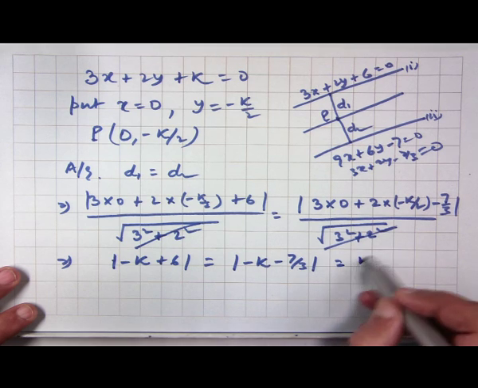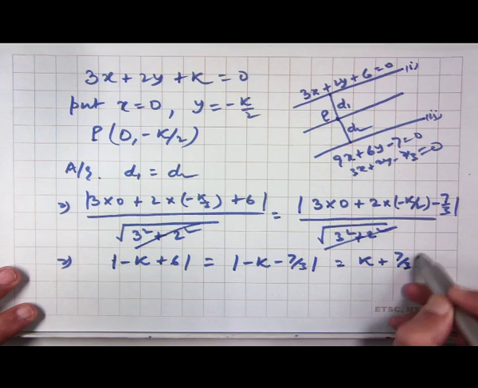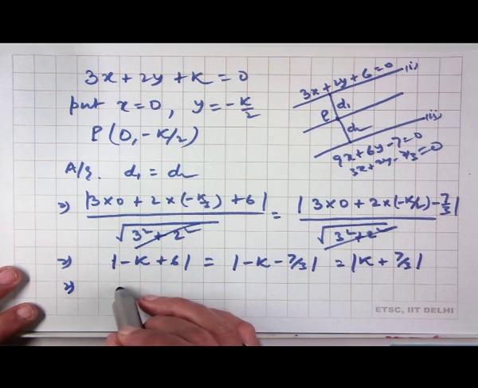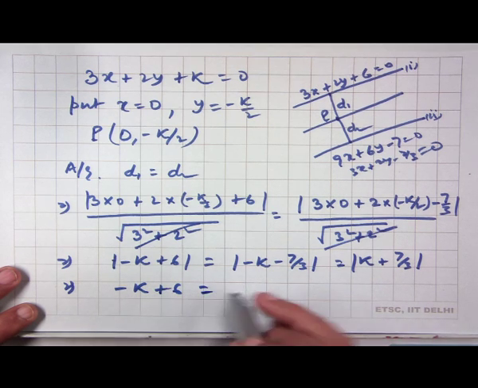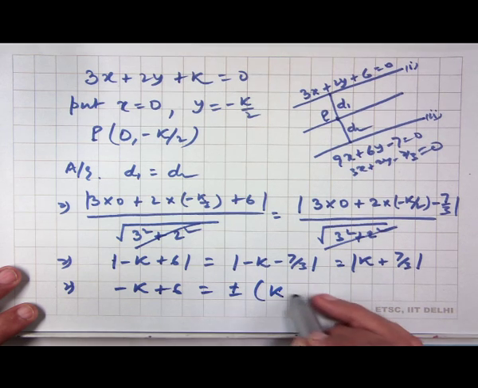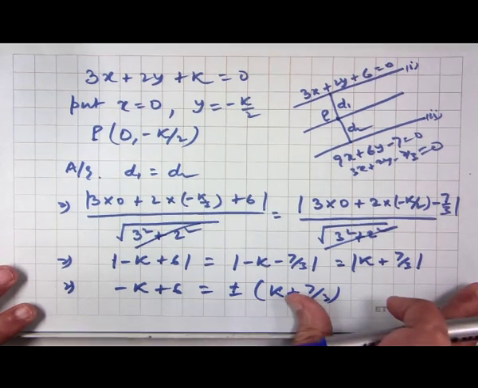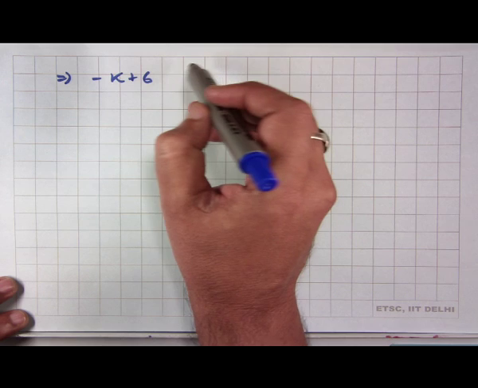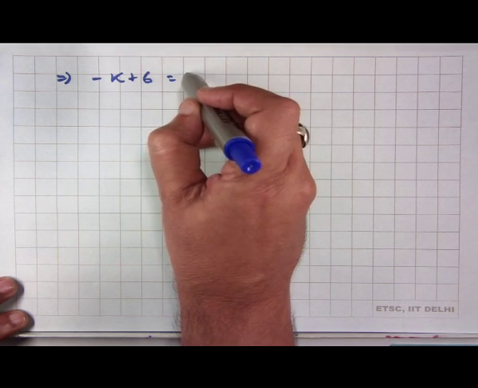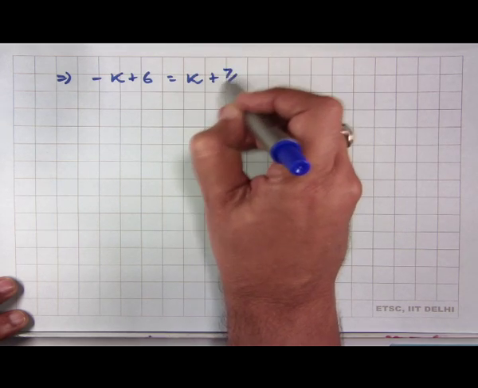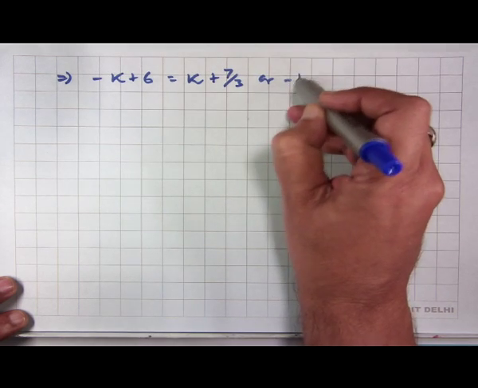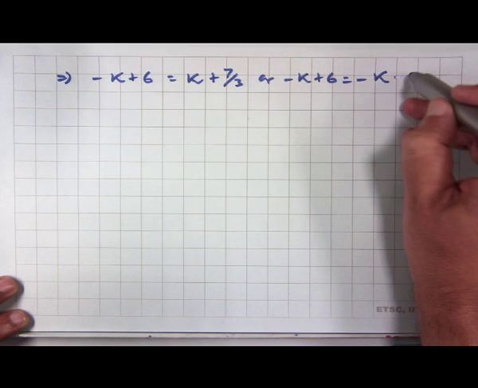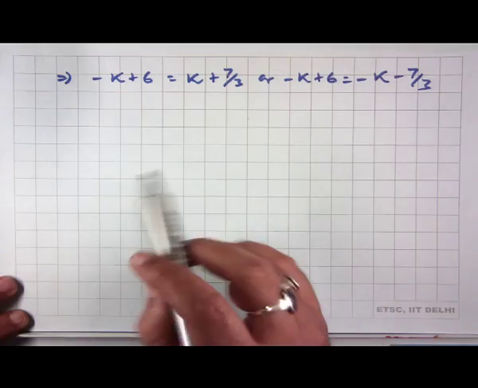We can write it as |k + 7/3|. So −k + 6 is equal to ±(k + 7/3), which implies −k + 6 equals k + 7/3, or −k + 6 equals −k − 7/3, which is not possible.